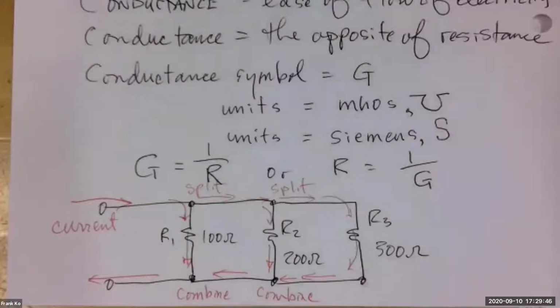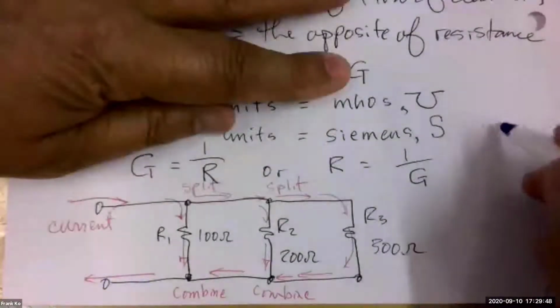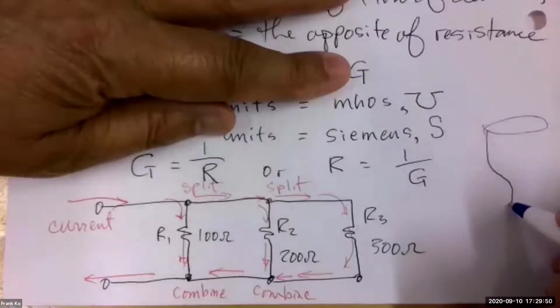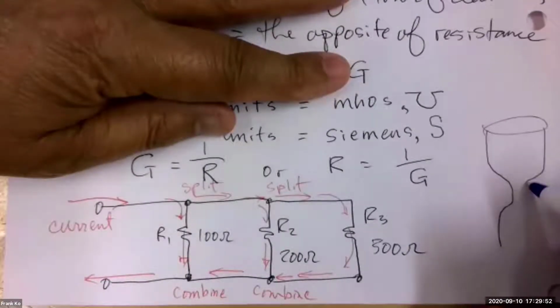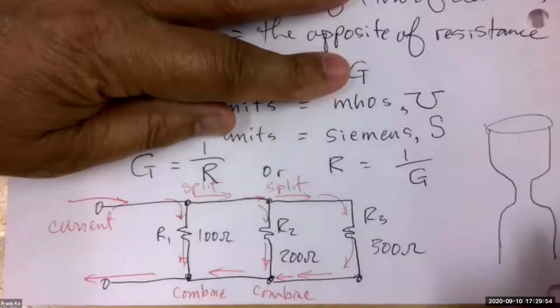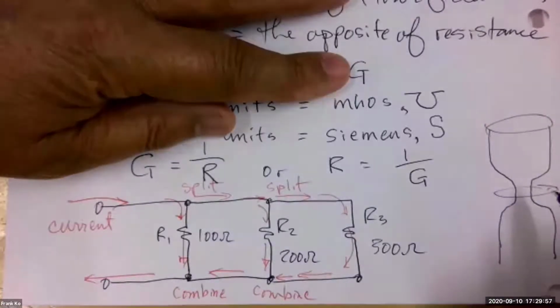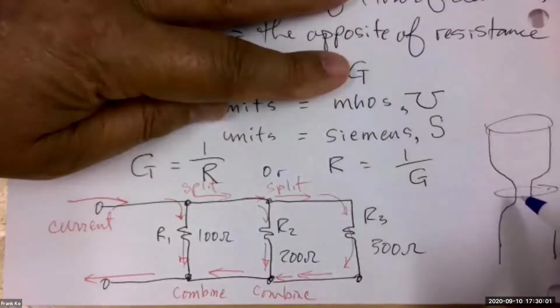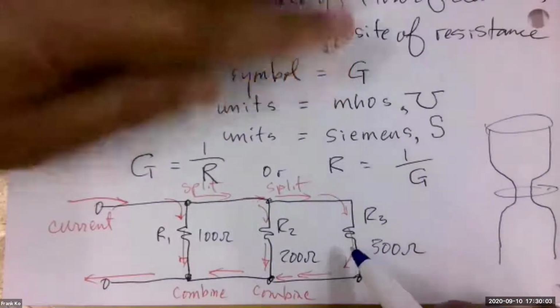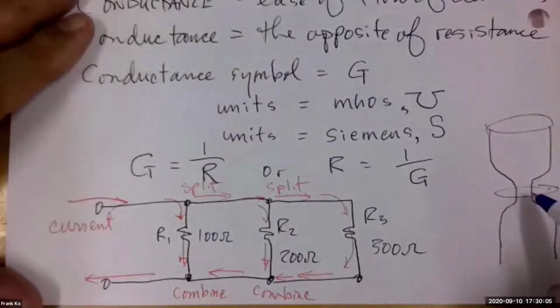You had a pipe and then it narrowed, kind of like that. Remember that drawing? And there was a lasso that was fastened around there. So we say that the narrower we make that pipe, the more resistance we have. The narrower we make that pipe, the less current can flow through.